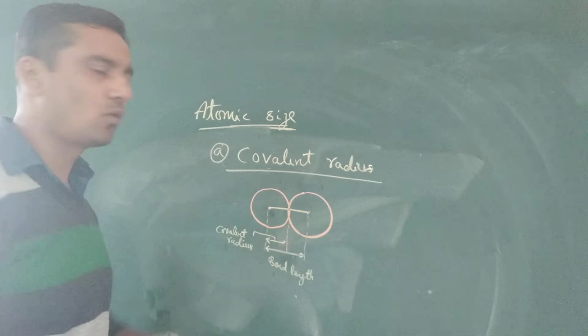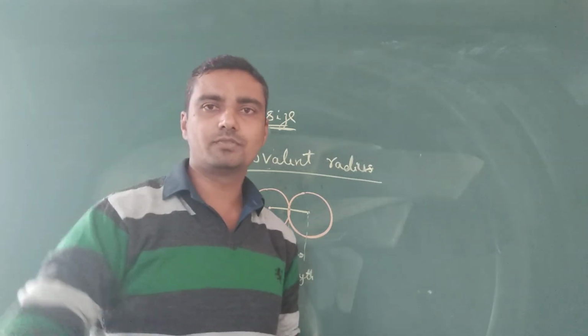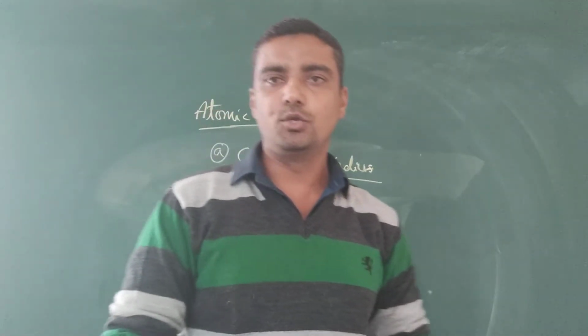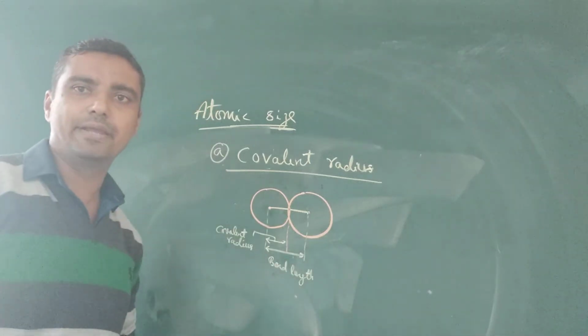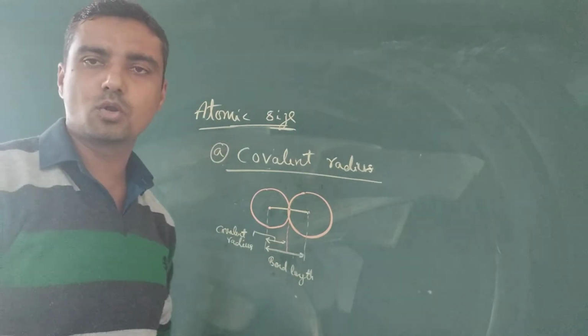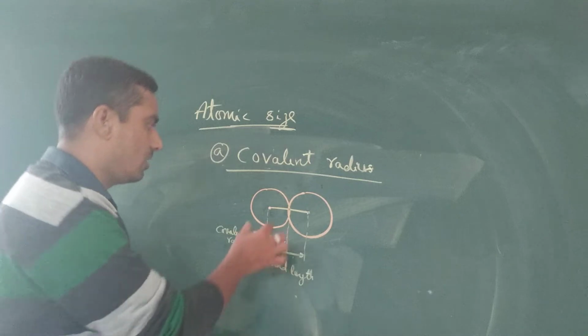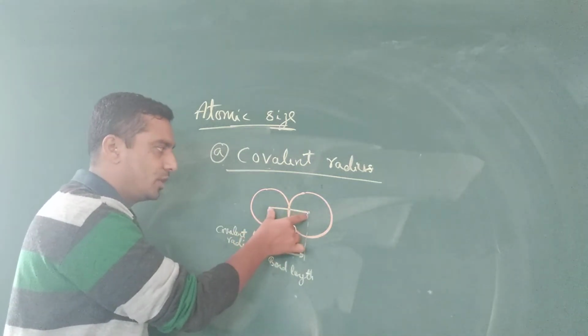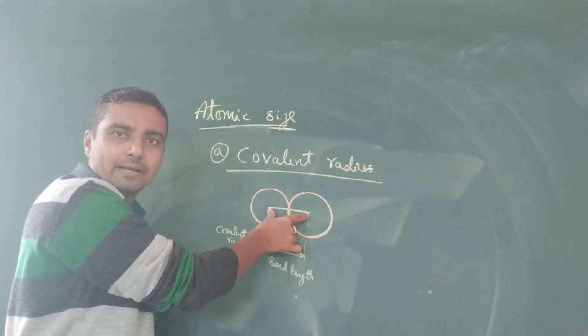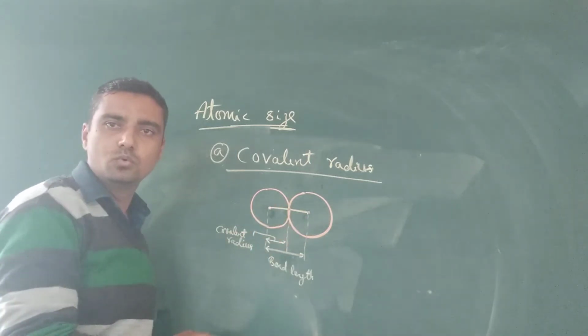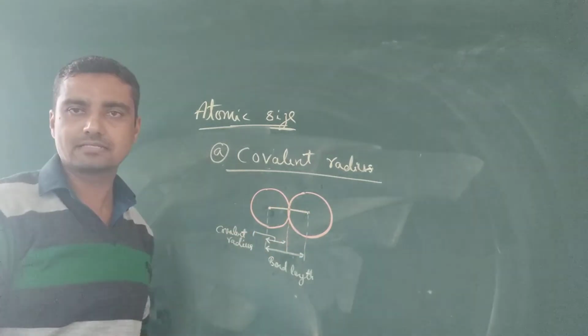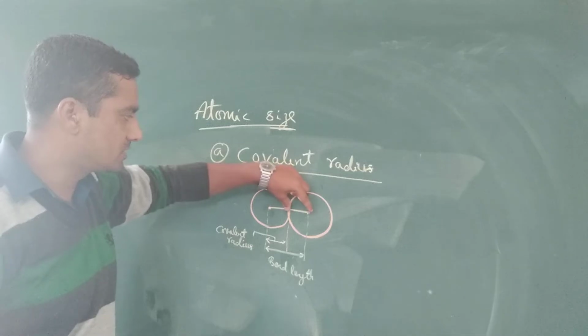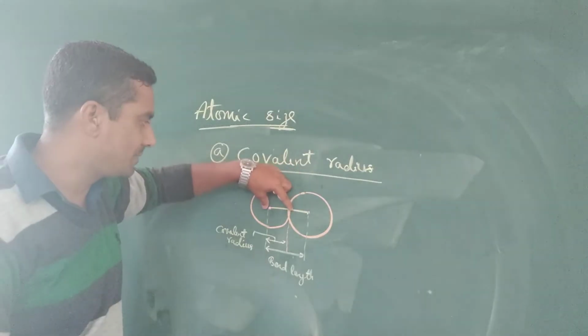So, the covalent radius is one half of the distance between the nuclei of the same element in a molecule. This is one half, this is the other half; we just select only one half.